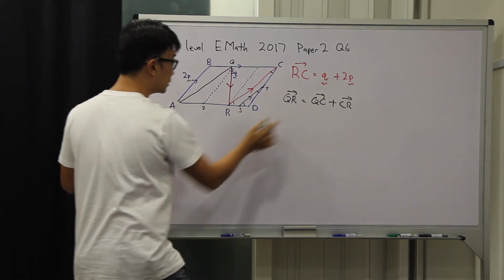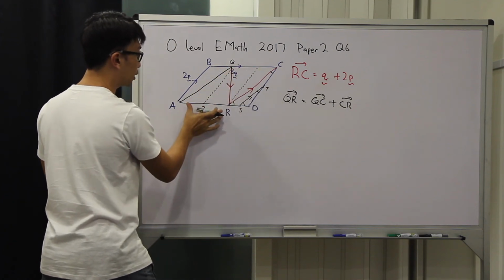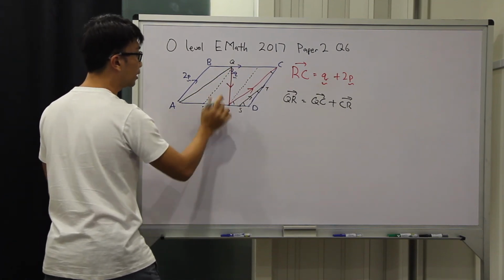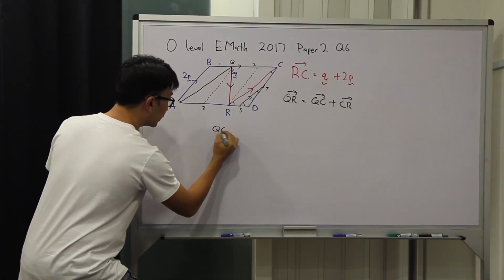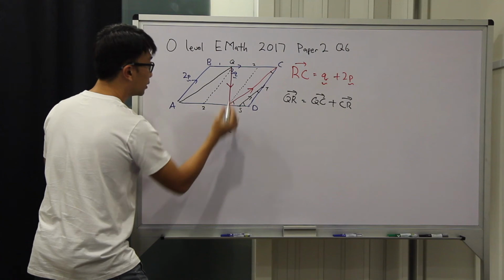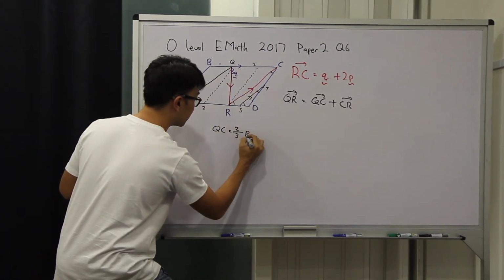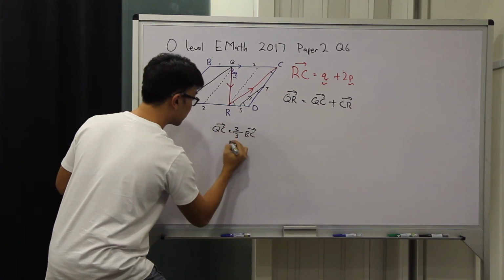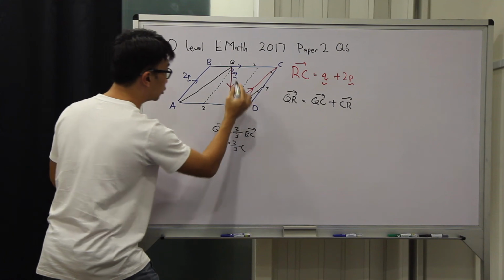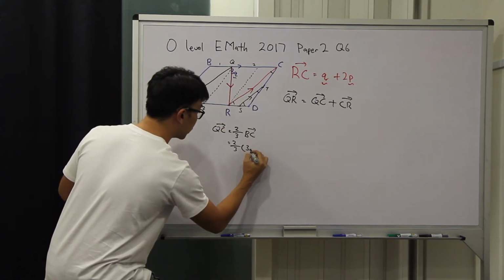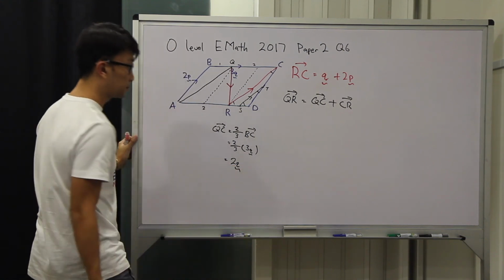So what is QC? QC is actually the same situation as what we have here in AD. So this is 1:2. QC is then equal to 2/3 of BC. 2/3 of BC, where BC is 3Q as previously mentioned in the question, will give us 2Q.